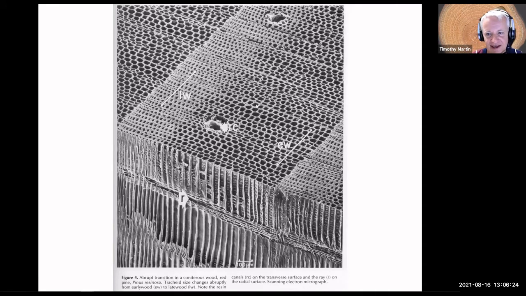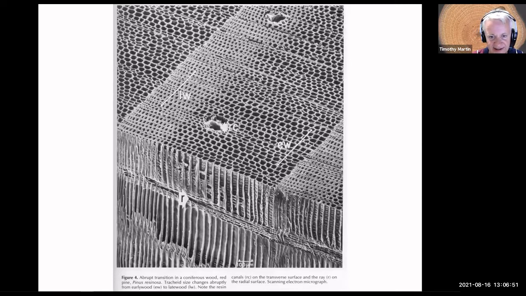Again, this is a gymnosperm. These are all tracheids. These are the water transport tissues of the tree. These are tracheids in cross section. And here you can see where we've exposed the side of a tracheid. You can see all those bordered pits in the side. You can see, a little less clearly, the rays in this gymnosperm wood.